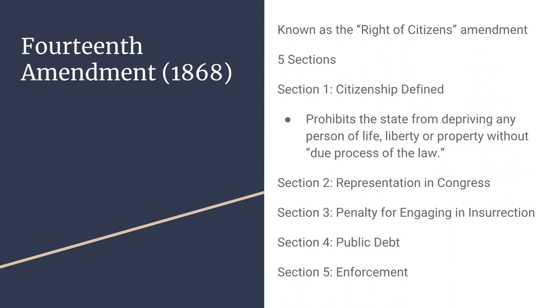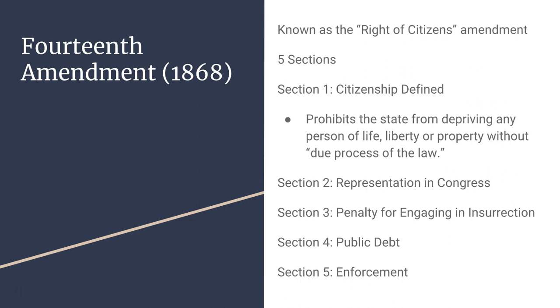Section 4 has to deal with the public debt. So the public debt incurred by the federal government during the Civil War was pretty large and could not be questioned by the South. However, the debts that the Confederacy declared that they had were declared illegal.